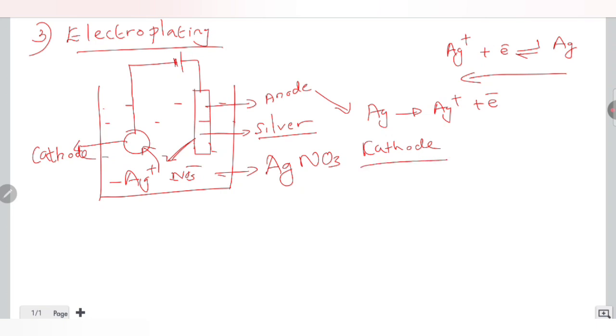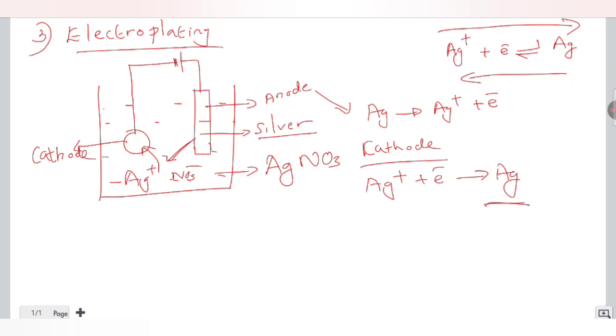So the same reaction, you can see you are writing from left to right. Ag+ plus 1 electron gives what? Ag. So that means you are now going to plate with what? Ag on the ring. So this is how we can explain the electroplating. Here also the concentration of our electrolyte will not change.